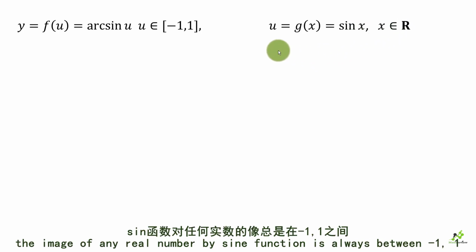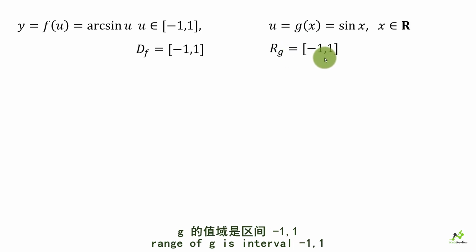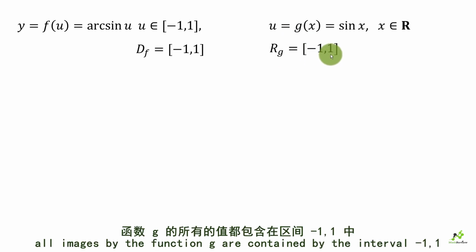The image of any real number by the sine function is always between -1 and 1. The range of g is the interval [-1, 1]. All images by the function g are contained by the interval [-1, 1].